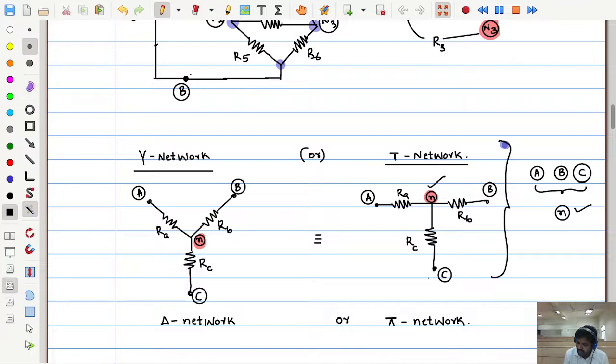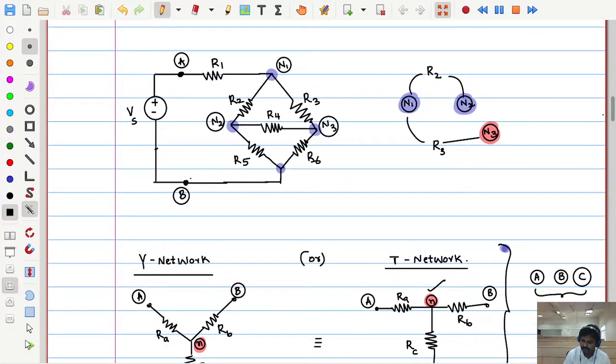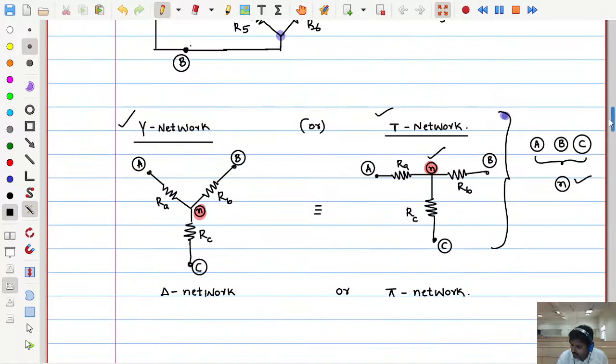With this kind of characteristics, can you find some elements in this network? It doesn't matter what the shape is, whether the shape looks exactly like Y or T does not matter. But what matters is that three elements must connect, I can say in another way also like this here.